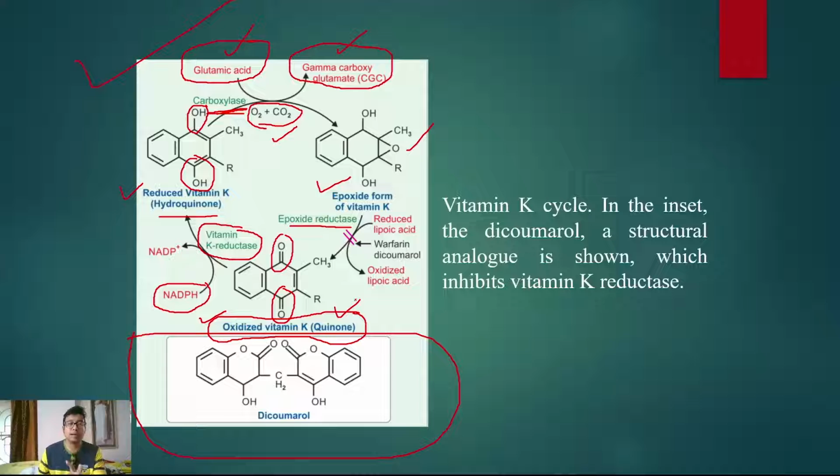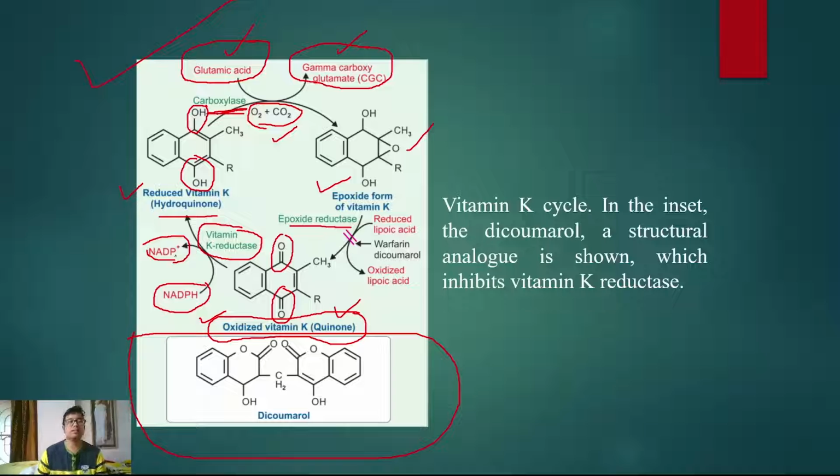So I am again recapping for you. The oxidized form, that is the quinone form, undergoes reduction with the help of vitamin K reductase. It requires NADPH as a cofactor, and it gets converted to NADP plus.